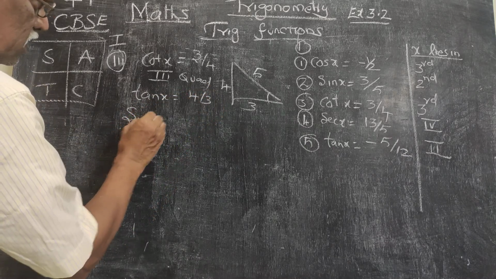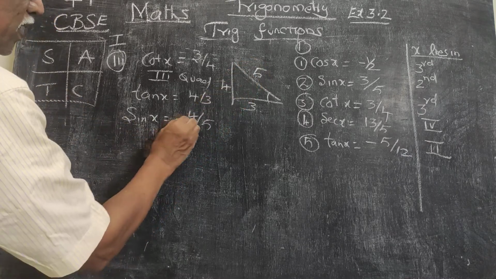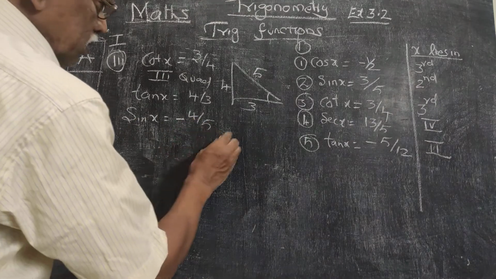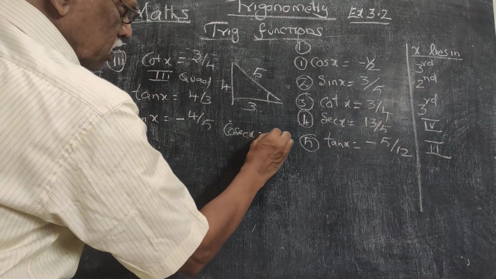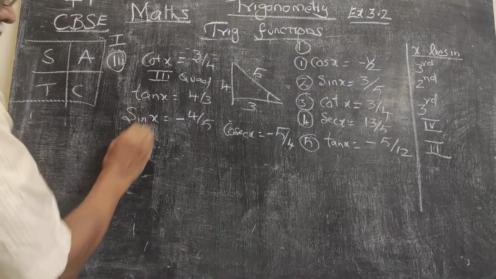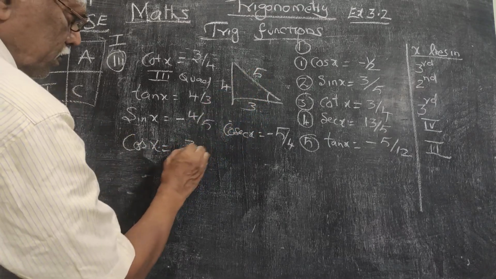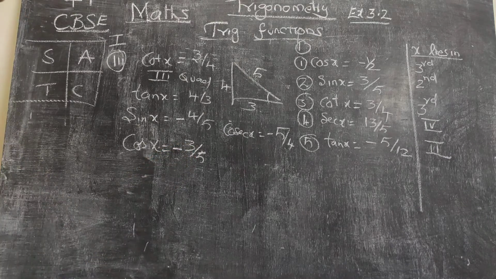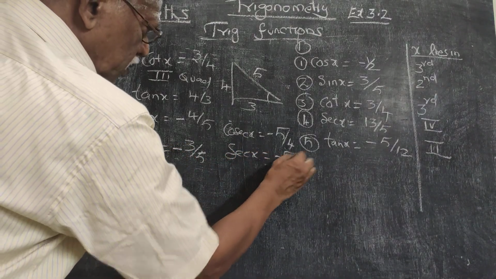What about sin x? 4 by 5, opposite by hypotenuse, whereas minus because third quadrant. Sin is minus, okay, therefore its reciprocal is minus 5 by 4. Then I go for cos x, adjacent by hypotenuse. x lies in the third quadrant, therefore this is also minus, and secant x also will be minus, only the reciprocal, 5 by 3.